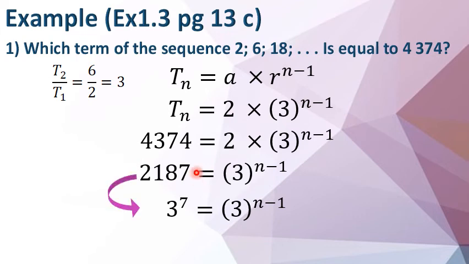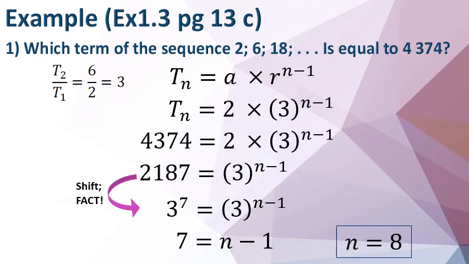I'm talking about that amazing function on your calculator where you can convert 2,187, press equals, press shift, press fact, the button that has fact. It's the button with all the commas on it. Then your calculator will help you convert this big number into a product of its primes. Now that our bases are the same, we can drop them, and voila, n is 8.